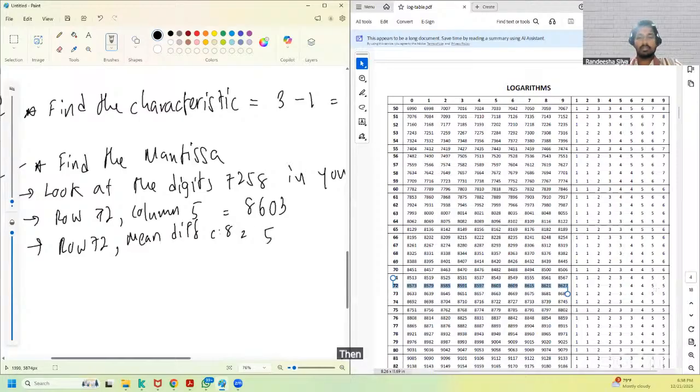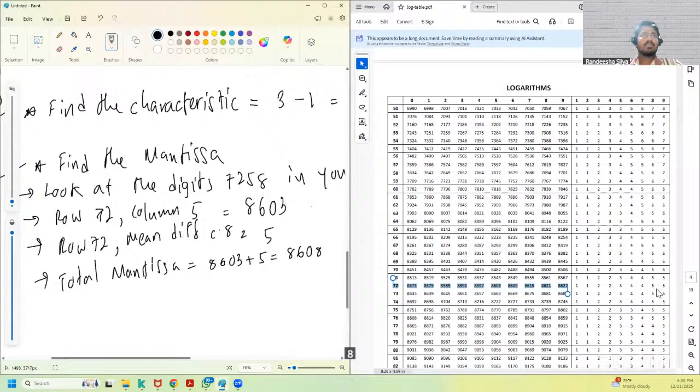Then the total mantissa is 8603 plus 5, which means 8608.